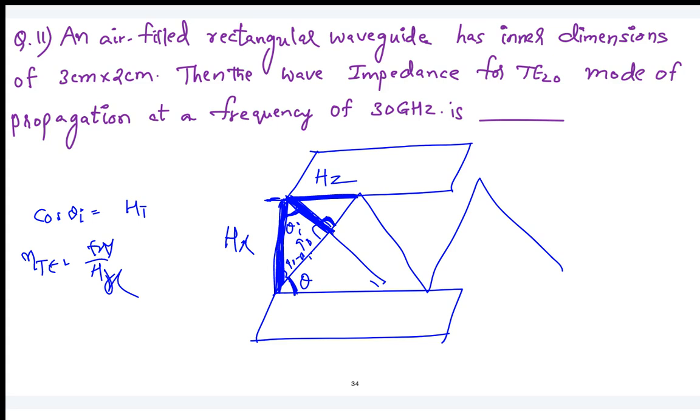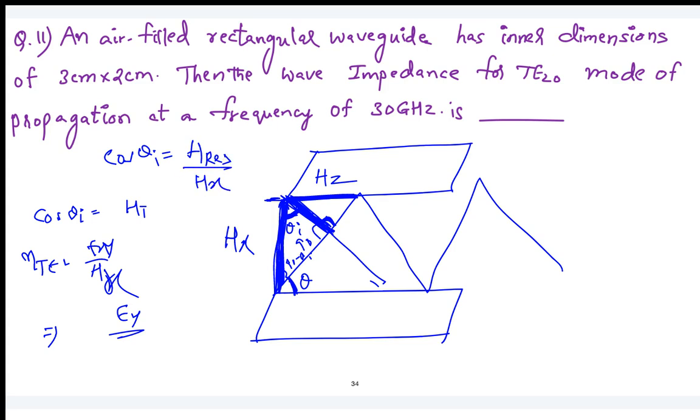Yeah, correct. So Ey divided by Hx can be written as, when you are seeing here cos theta I, what is the value of cos theta I? Cos theta I value can be got as the resultant value divided by the hypotenuse. Correct.